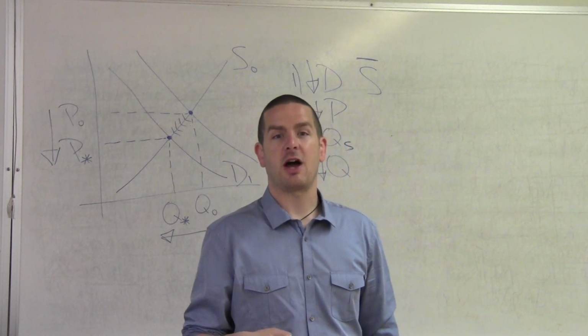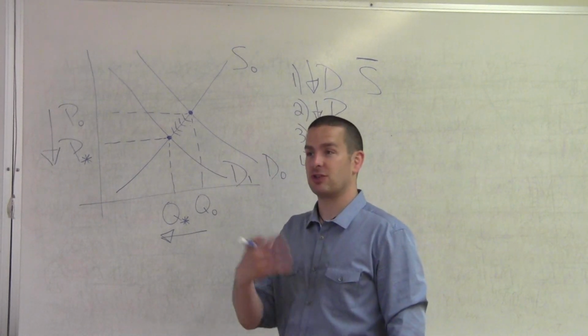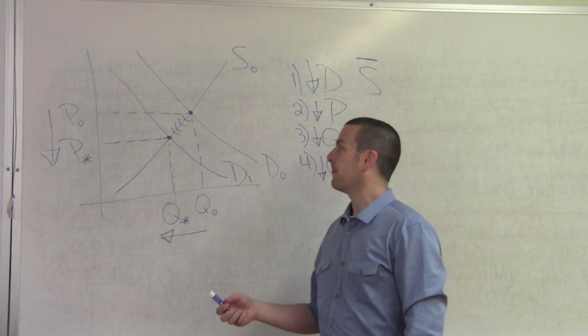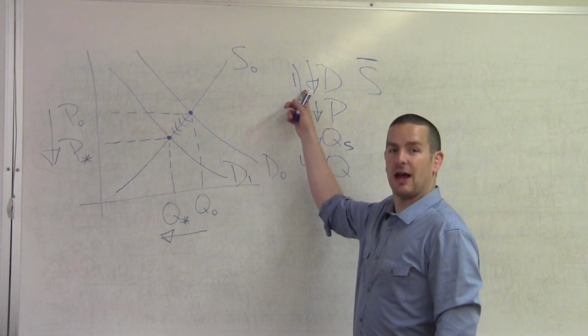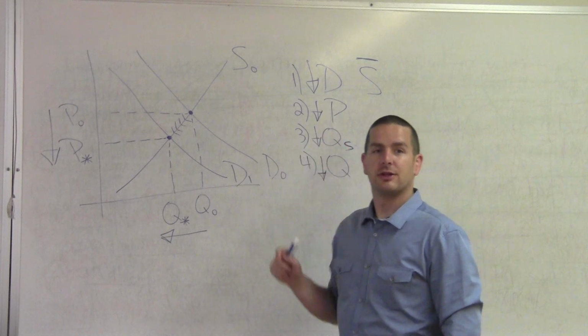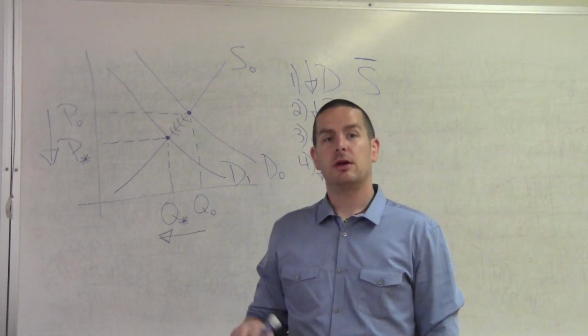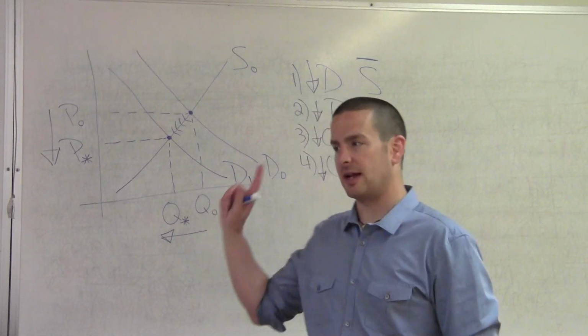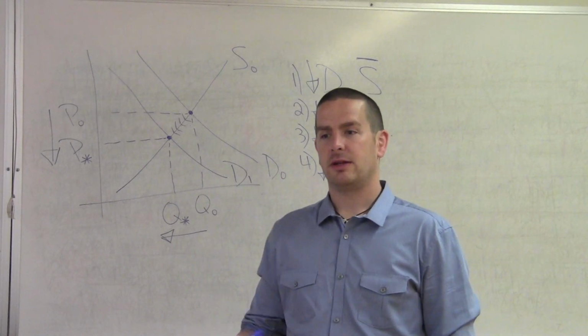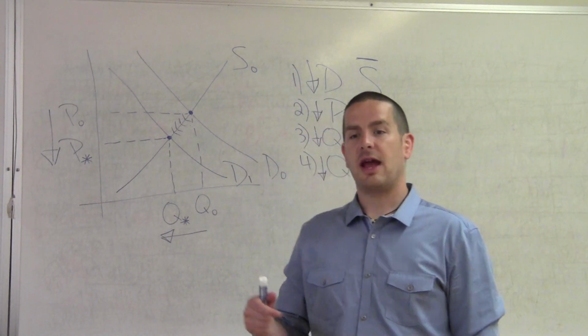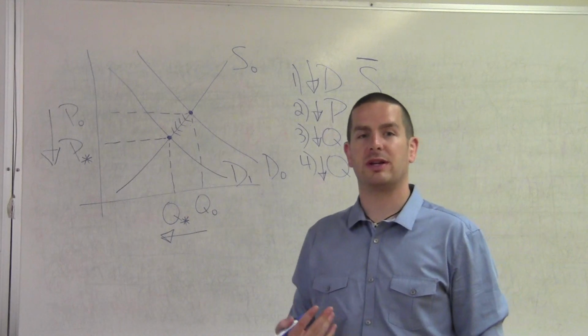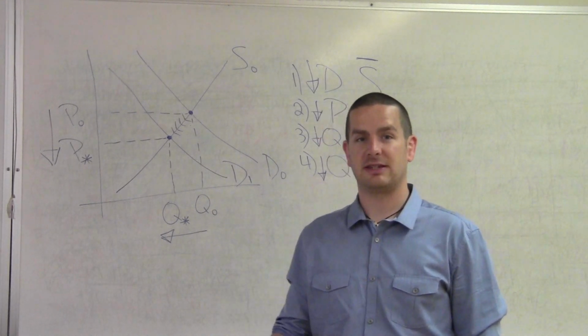Okay? So a stock market crash, as we have just seen in 2008, causes demand to go down, prices to go down, the quantity supplied to go down, unemployment to go up. That's not in the four-step method, but it's a corollary. And then the fourth step tells us the overall quantity of economic output has decreased.